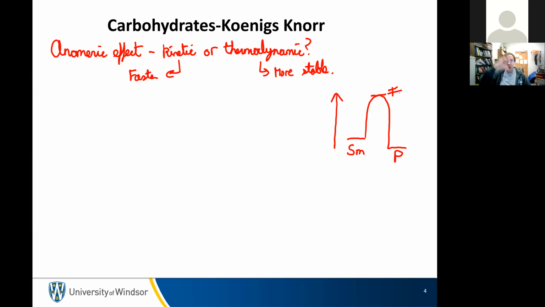So this is a very simple one-step process. Starting material goes via transition state to product. If I wanted to make this reaction kinetically faster, or to favor the kinetics of this reaction, let's say there was another reaction going from starting material to products with more favorable kinetics, how would I change this energy diagram?